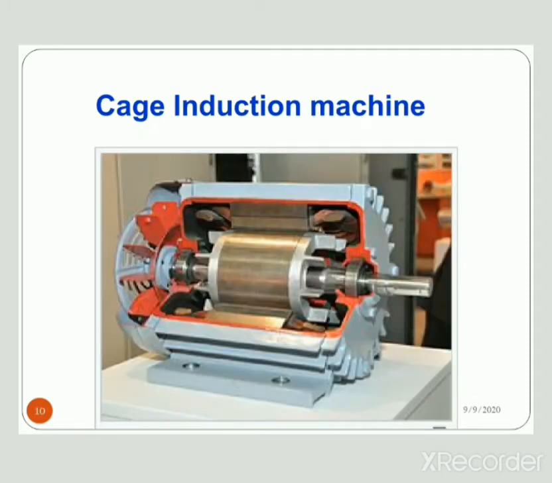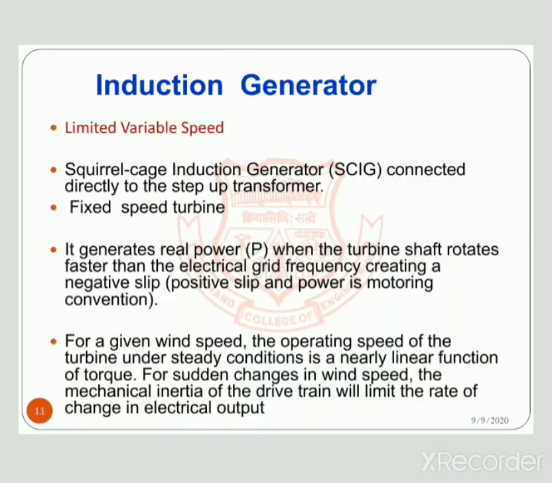Next is the internal construction of the squirrel cage induction machine. Internally the shaft is connected, and the stator and rotor system is available there, so it rotates safely, which is helpful to our system. Next is the induction generator. Why is the induction generator used? The main feature is limited variable speed.